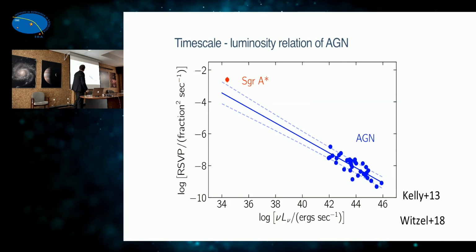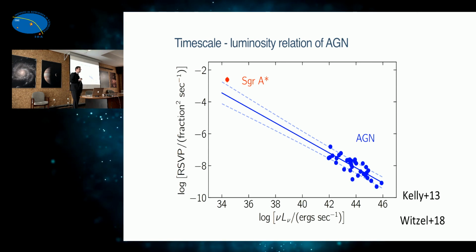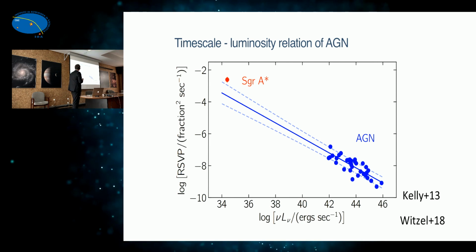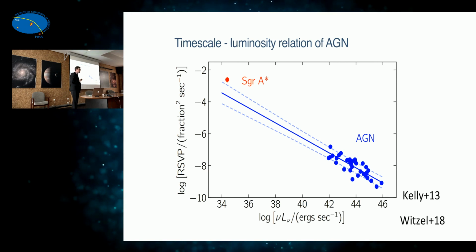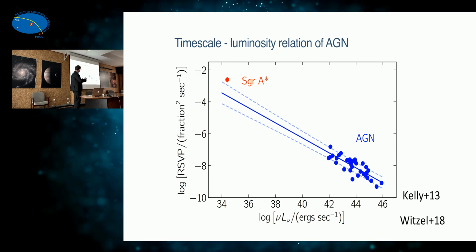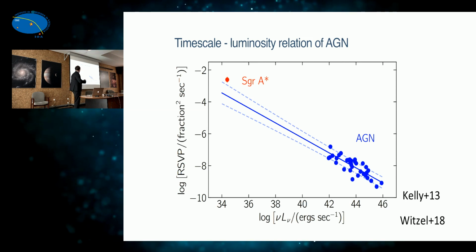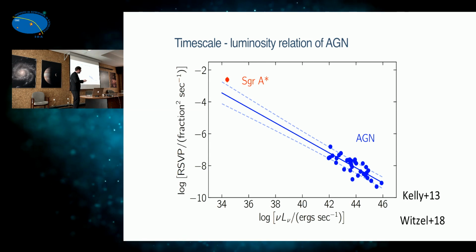You can do more. You can actually now determine a quantity that is called RSVP, rate of stochastic variability power. And this is a number that is proportional to the break frequency and to the overall variance of the process.